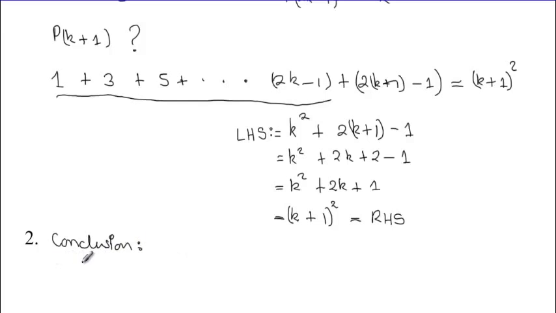So according to the principle of mathematical induction, we've shown that the initial step is true, and we've shown that if it's true for k, it's true for k plus 1. So according to that principle of induction, we can now conclude that this is true for all n, a natural number.